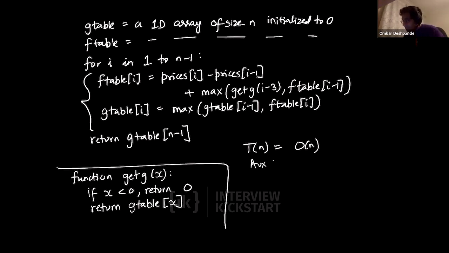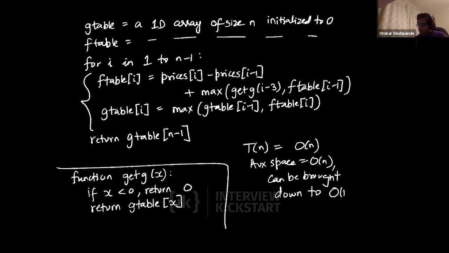The auxiliary space used was order n, but because we rely on only a history of length 3, so let's say we only keep the last 3 or 4 values, it can be brought down to constant space. Okay, see if you have questions.